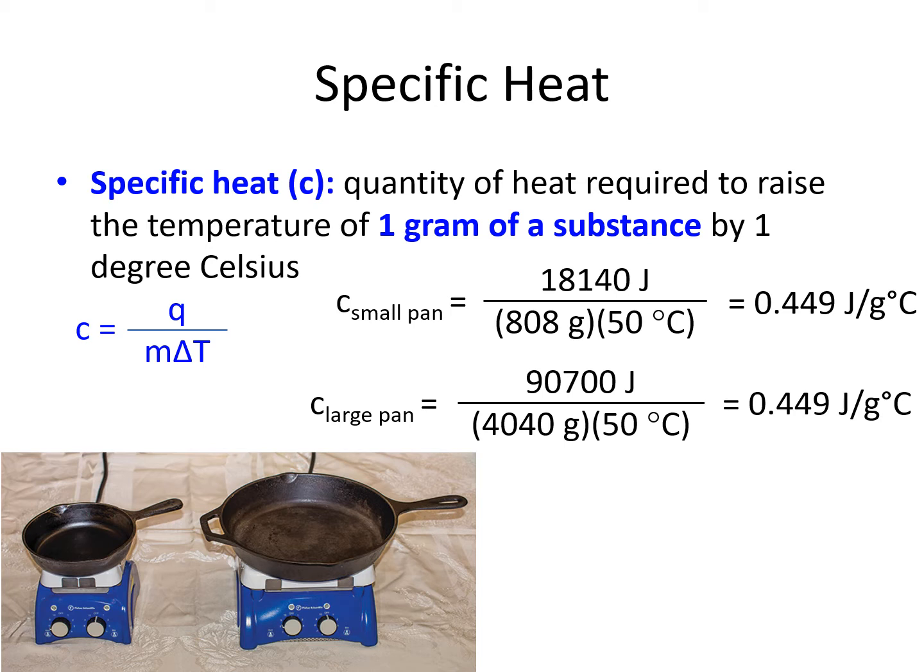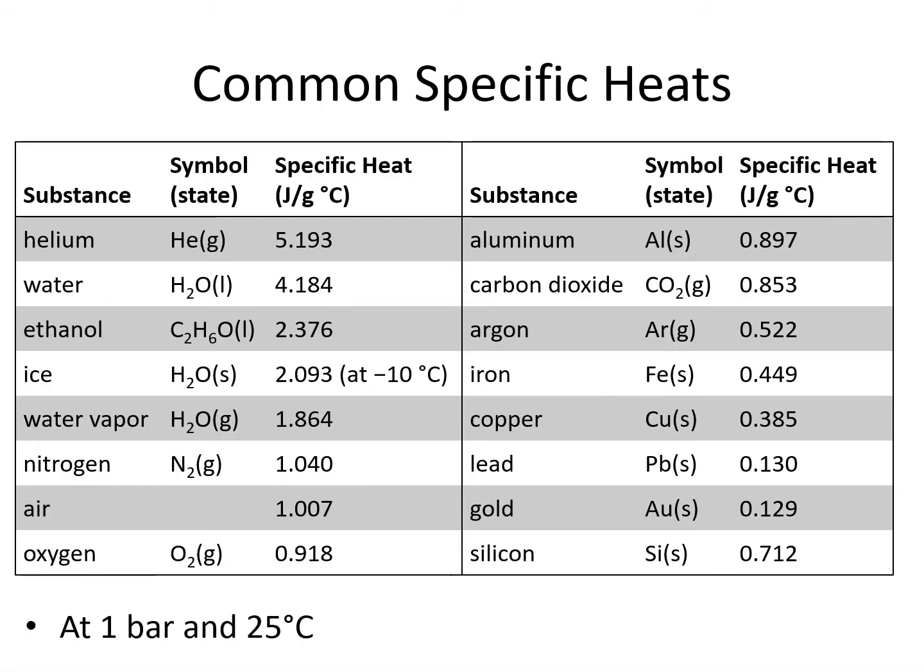So specific heat is going to be a constant for any particular type of substance. So water will have a particular specific heat, iron will have a specific heat, steel would have a specific heat, all sorts of things have a constant specific heat. So we can actually find those specific heats in a table such as this one.